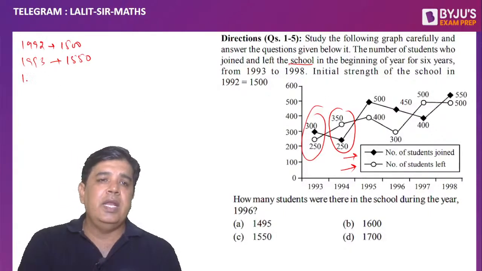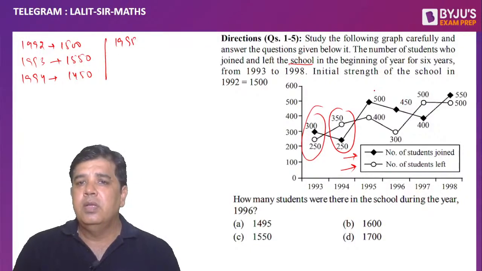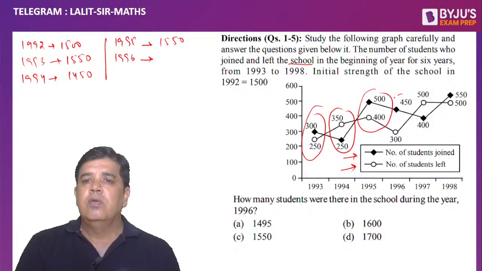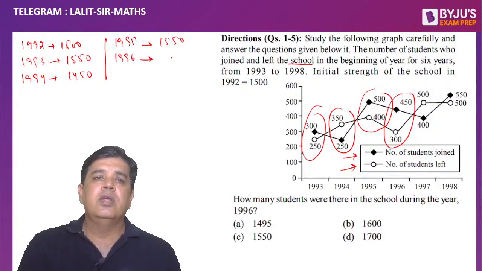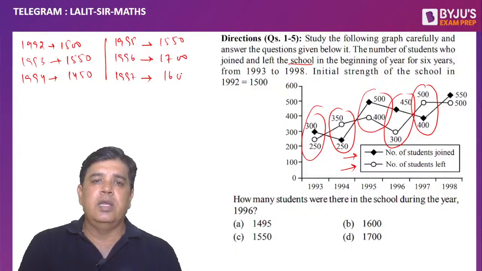So in 1994, the strength will go down by 100. In 1995, what happened? 500 joined, 400 left. So there is again an increase of 100. In 1996, 450 joined, 300 left, right? So increase of 150, 1700. 1997, there is a decrease of 100, 1600.